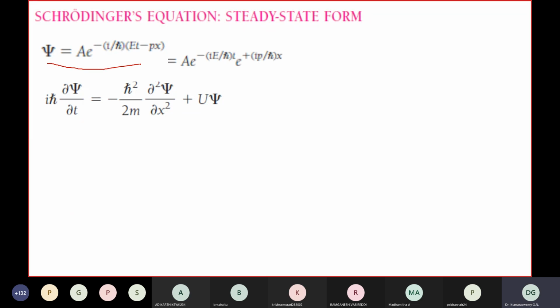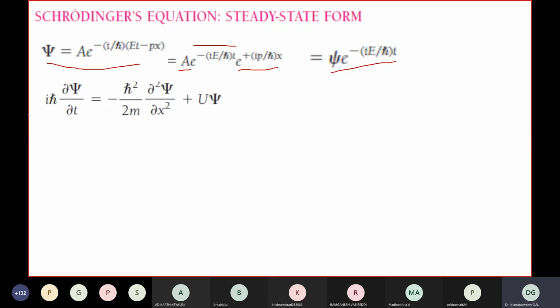This one is the separation of time dependent and time independent parts. Next, you rewrote this like this, right? Yes, sir. Then write down the equation and write down this. Here we have the equation.